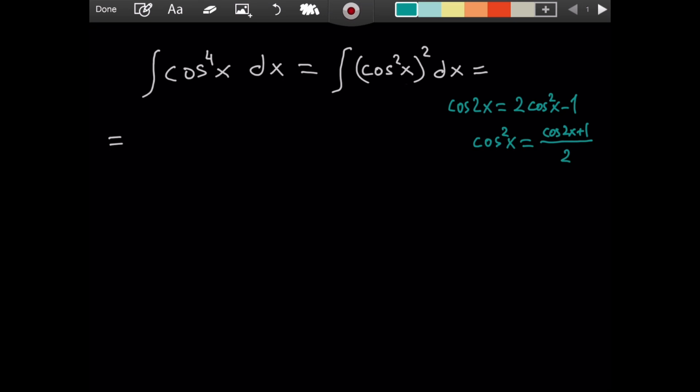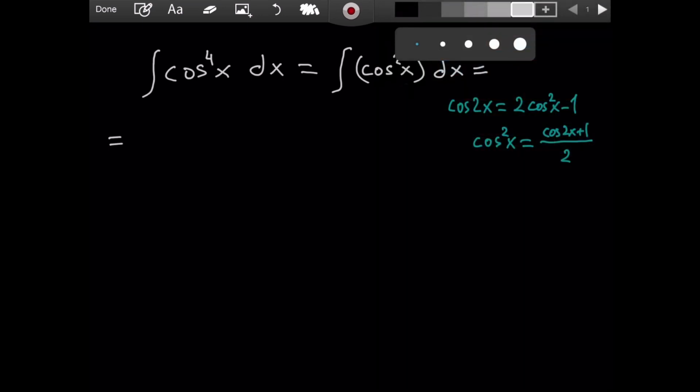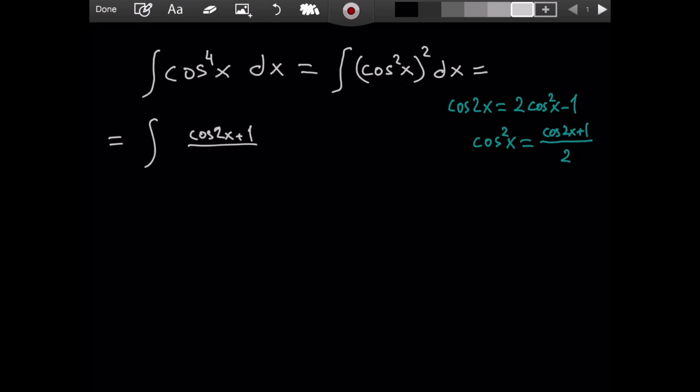Now I will substitute this into our integral. We have the integral sign again. Now I write cosine 2x plus 1 over 2. This was cosine squared of x, so we also square it again, then dx. This will give us, now I see that I can take 1 over 2 out of the integral sign.